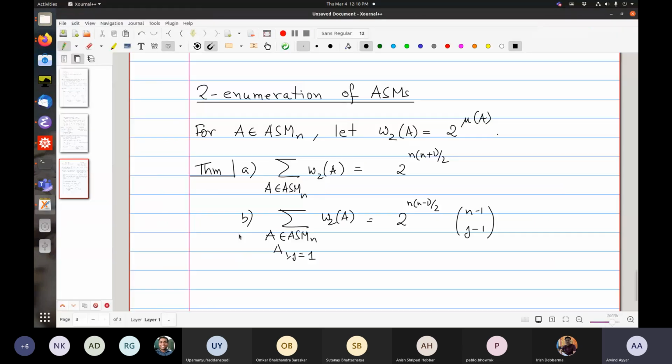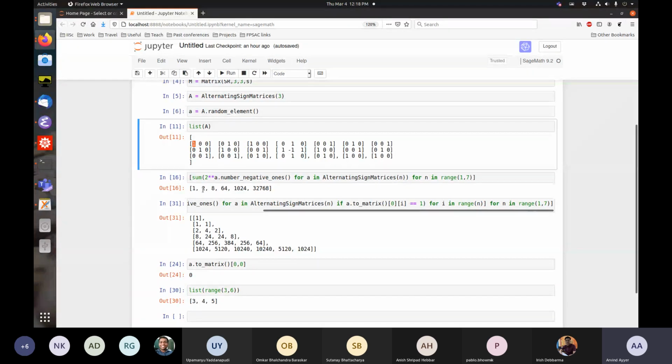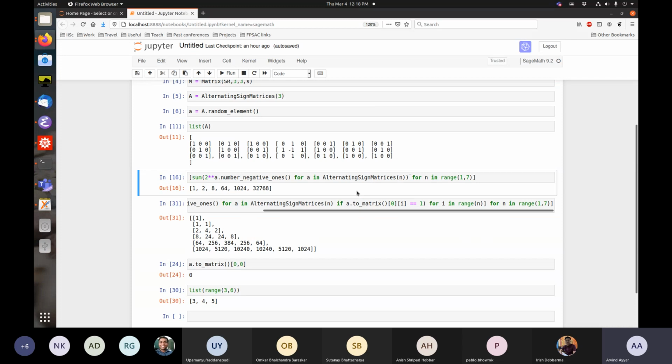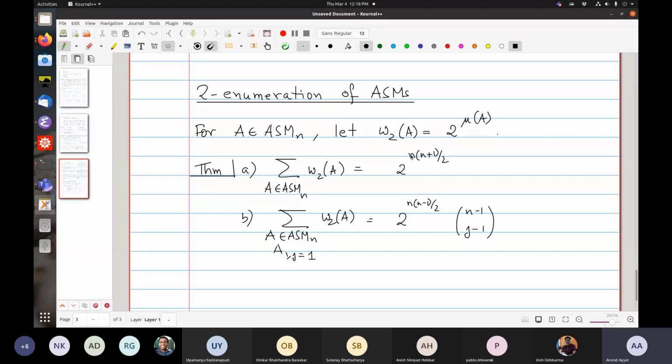That is correct. So when n is 3, I'll have 2 to the 3 times 4 by 2, which is 2 to the 6, which is 64. So that's the form. So this is actually n minus 1, and this is n minus 1 and n minus 2. Okay.